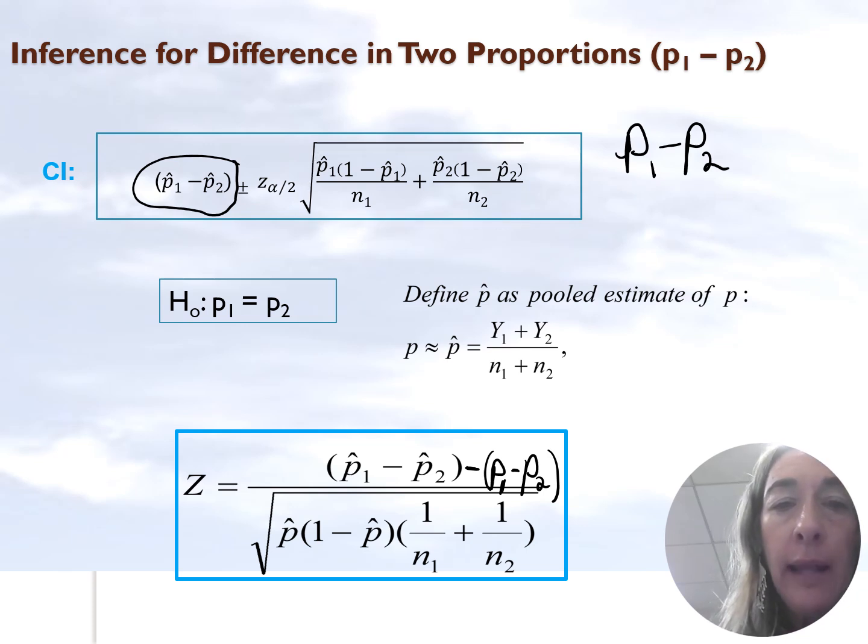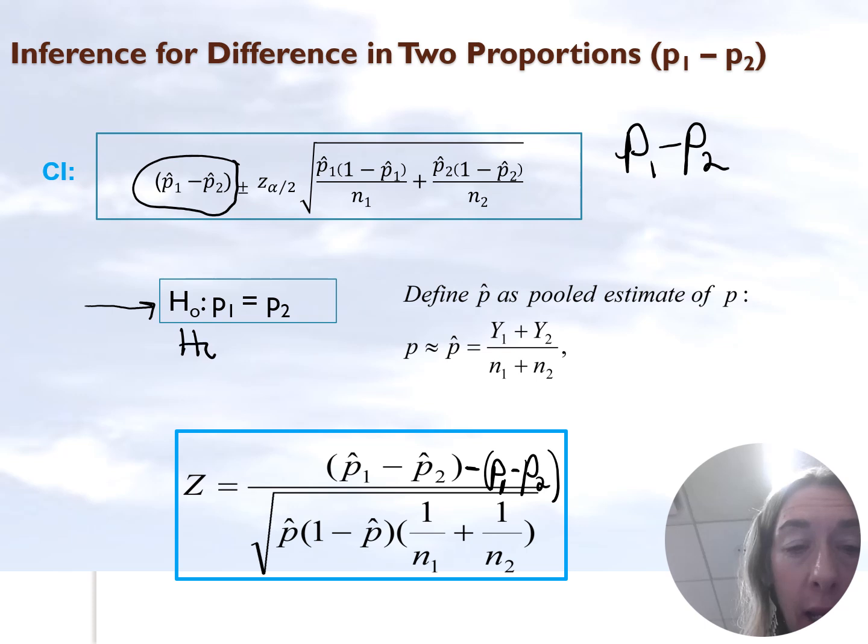Now, our typical null hypothesis when we're performing inference with two population proportions is that P1 equals P2. And of course, another way to write that is that P1 minus P2 is 0.